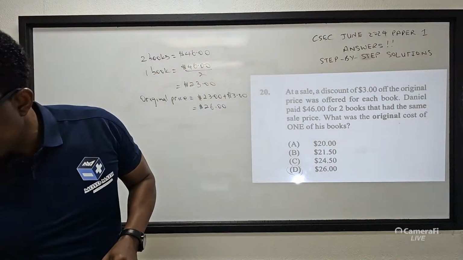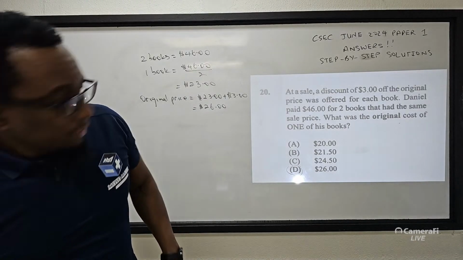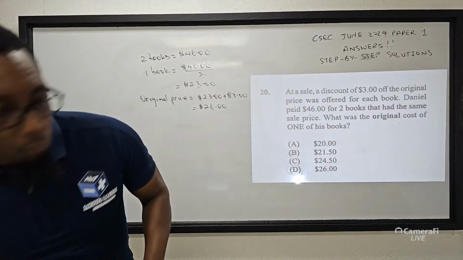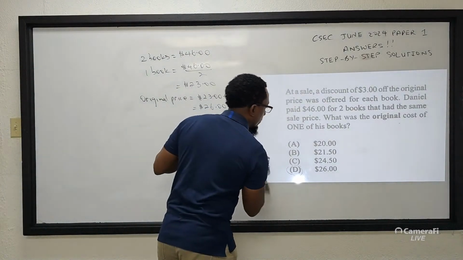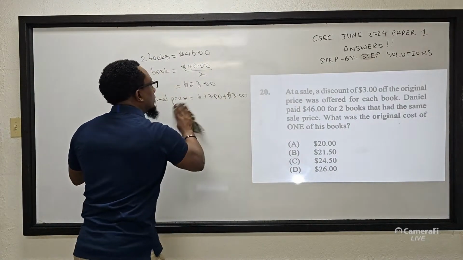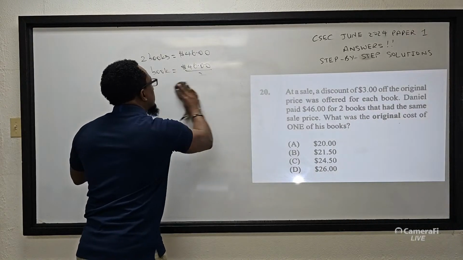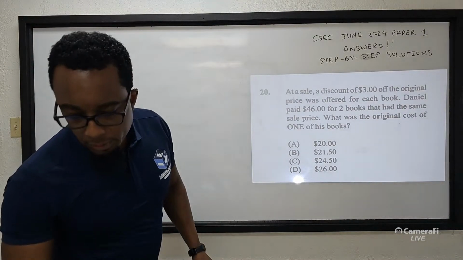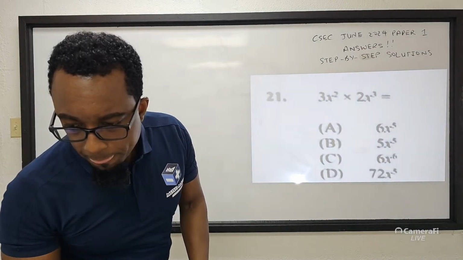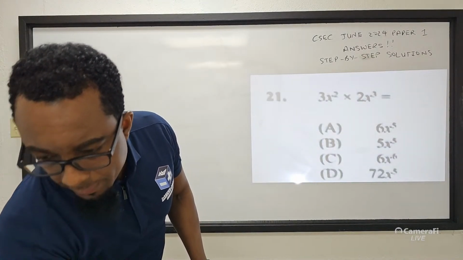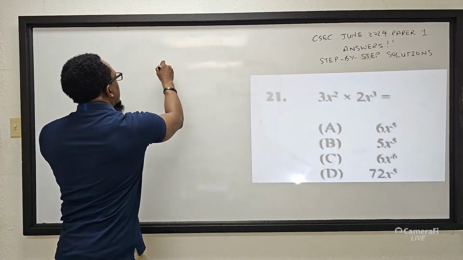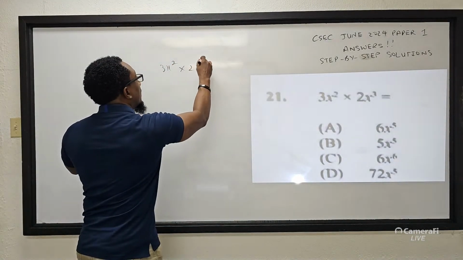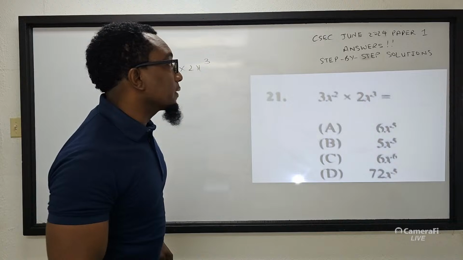So question 20D. So let's move on to question 21. Right, so we have here 3x squared multiplied by 2x cubed.